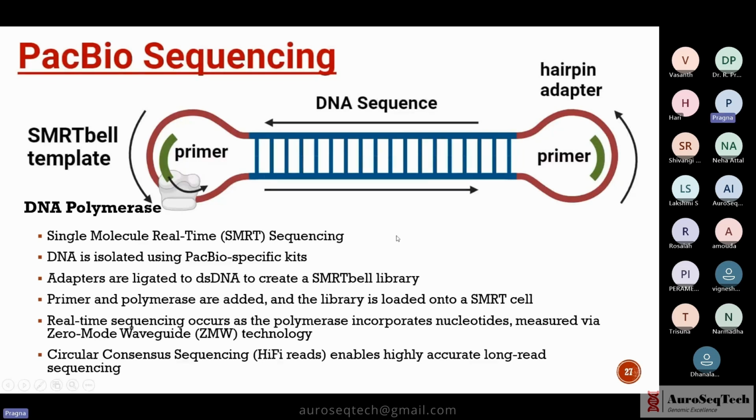A mistake, as they say, cannot happen twice at the same position. So if you see a base that is different from the reference genome, and the reads are coming from PacBio, you can blindly trust that it is a variant, because a mistake cannot happen at the same position twice.